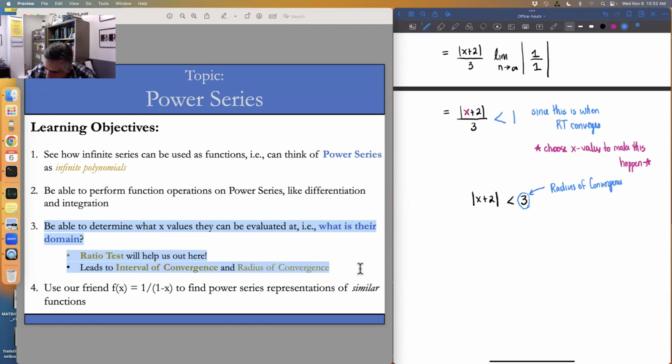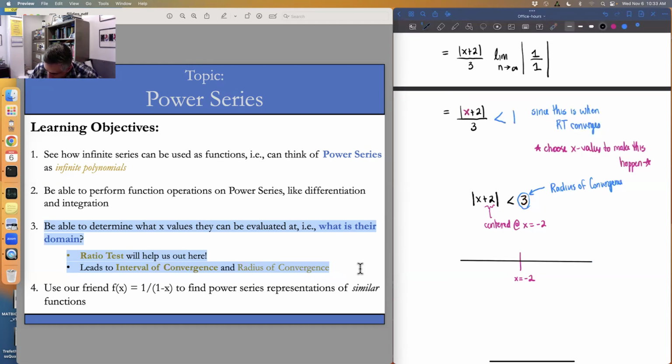And again, this plus 2 means we're centered at minus 2. So what this means in practice is if we're sitting at minus 2 in this case, we can stretch our arms out 3 units in each direction and grab x values that also give us a finite sum in return, or x values that we can plug into the series.